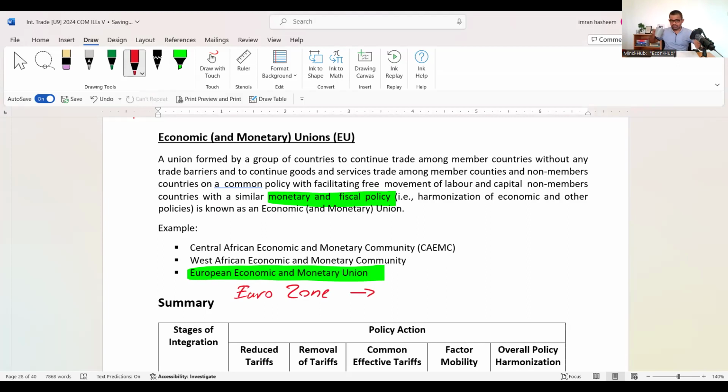European Union is one thing. How many countries are there in the European Union? Anyone? Akila, you are correct. No, you are one short.